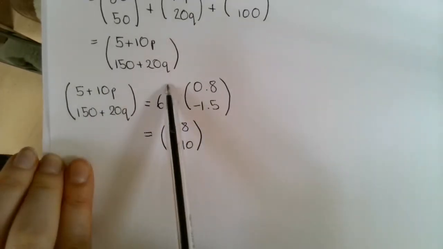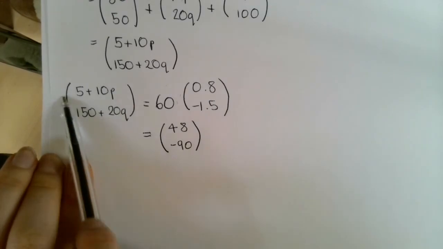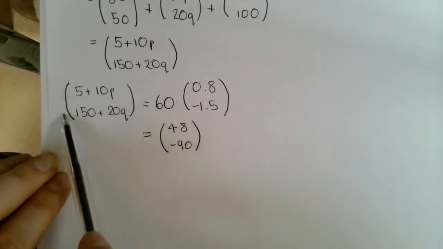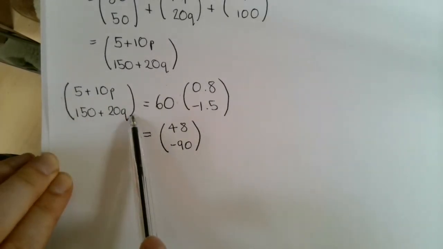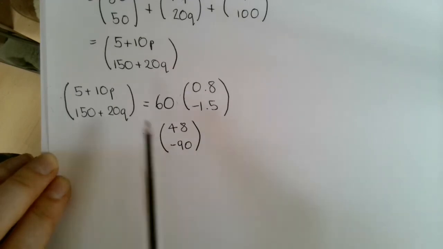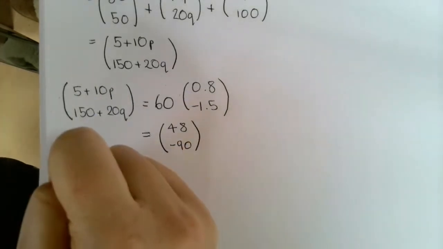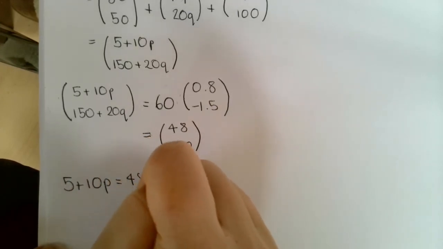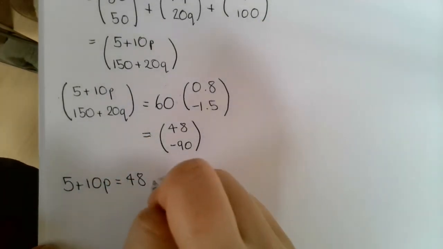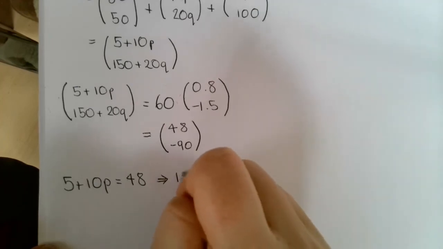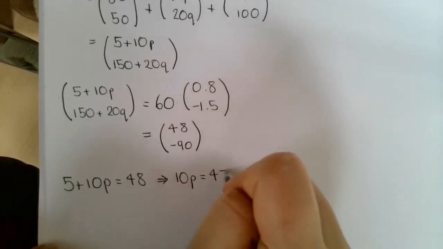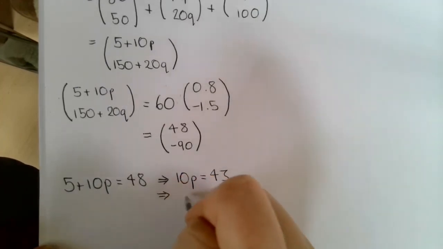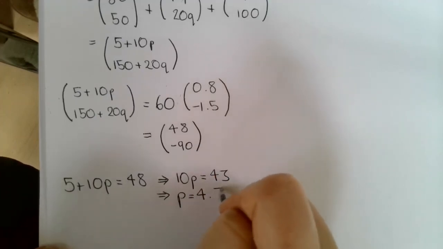So we can set up an equation in terms of p using the top row and set up an equation in terms of q using the bottom row. So to find out the value of p, we've got 5 plus 10p is equal to 48, which means that 10p is equal to 43, and so p is equal to 4.3.